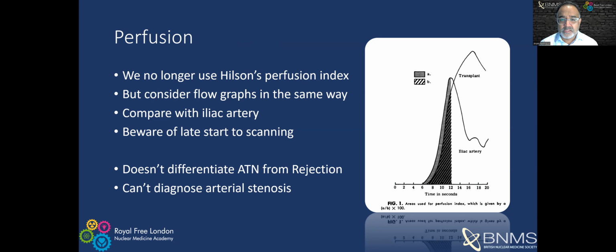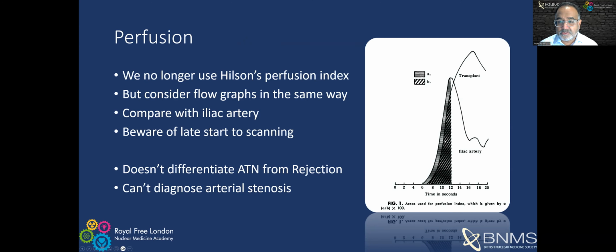However, it's worth being aware of how the perfusion index is calculated, because I use that when I'm visually assessing the flow curves. Just as a reminder, the perfusion index is a ratio of the area under the curve of the transplant compared to the area under the curve of the iliac artery up to the peak activity in the iliac artery.